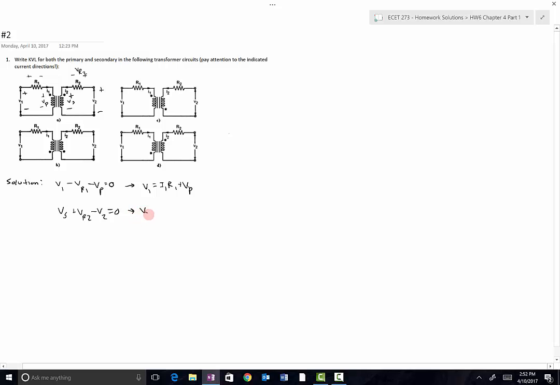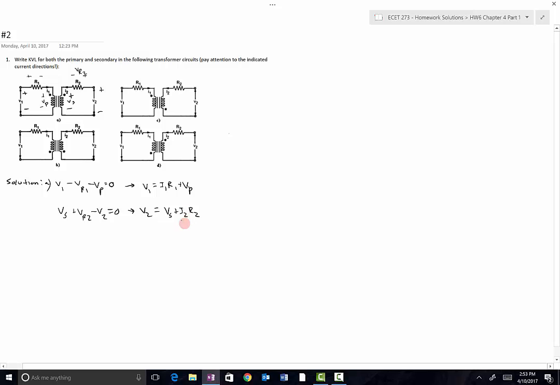I would say that V2, the voltage here, is going to be equal to the secondary voltage plus I2 R2. And I've already taken into account the current direction there because of these polarity symbols right there. So that was the solution for A. V1 equals I1 R1 plus VP, and V2 equals VS plus I2 R2.